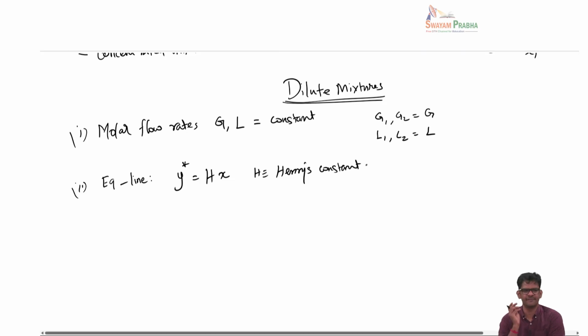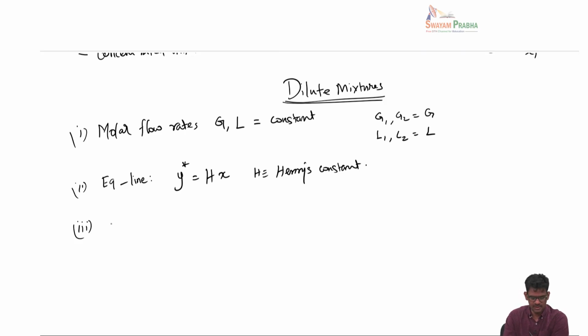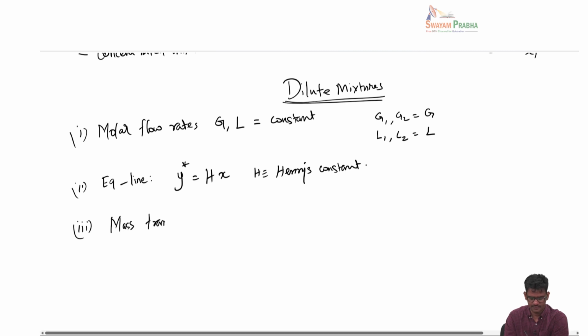And this is also a very fair assumption as long as you are looking at dilute mixtures. And the third manifestation is that the mass transfer coefficients F and K are equal.